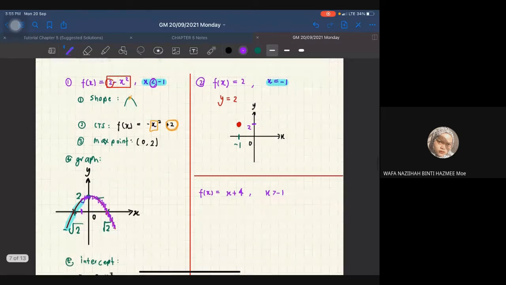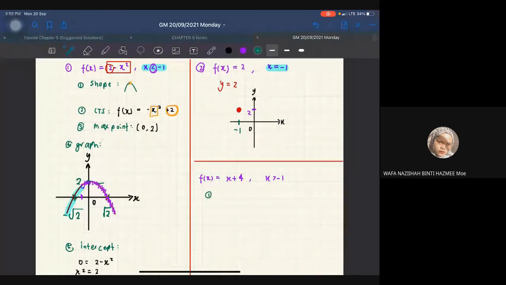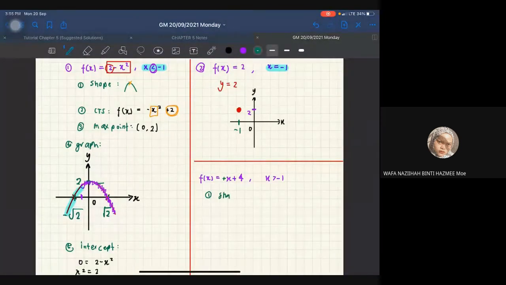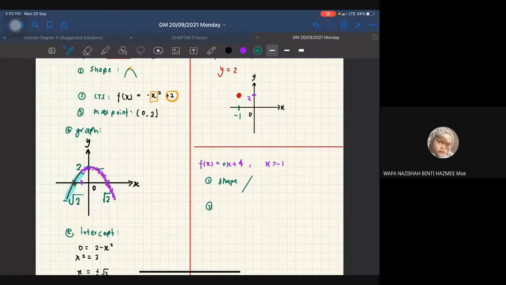Okay, so untuk lukis graph linear, first we need to determine what is the basic shape. Okay, so kalau kita tengok dekat sini, dia adalah positif di depan ini. So gradient positif, so maksudnya shape awak akan jadi macam ni. This is your shape. Okay, and then you need to find the y-intercept and also x-intercept.